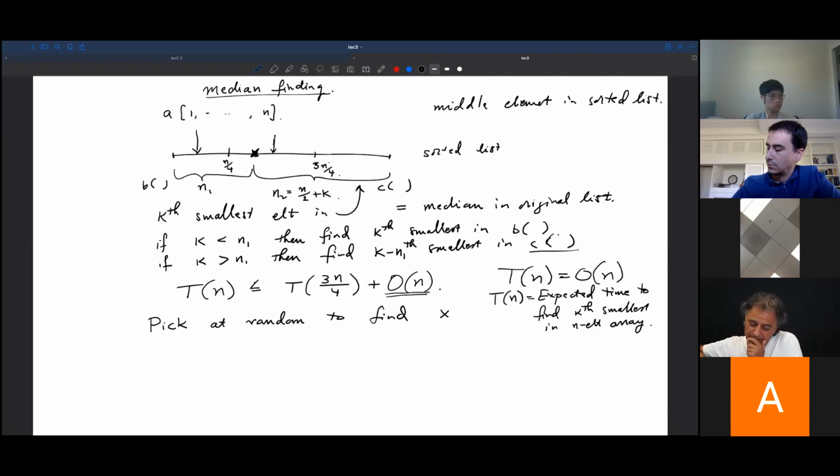Just to make sure that this is crystal clear, let's think about what the algorithm looks like and what the recursion looks like.